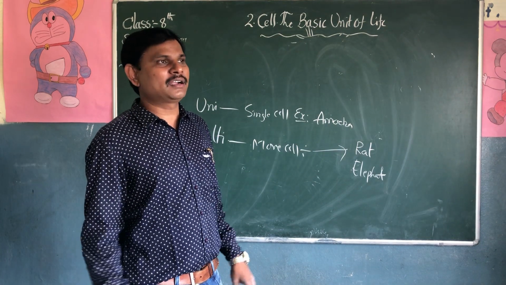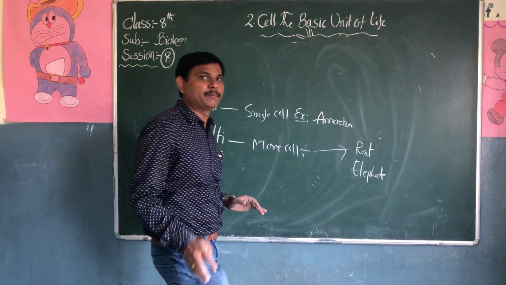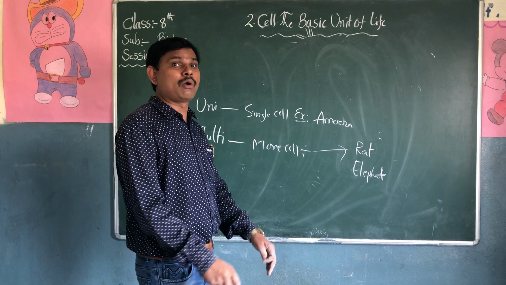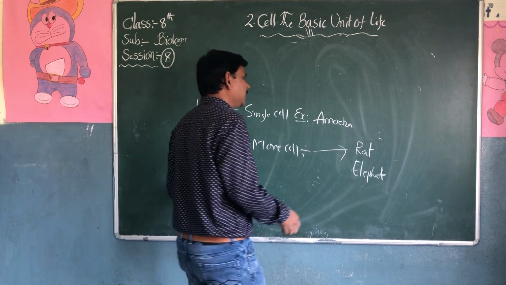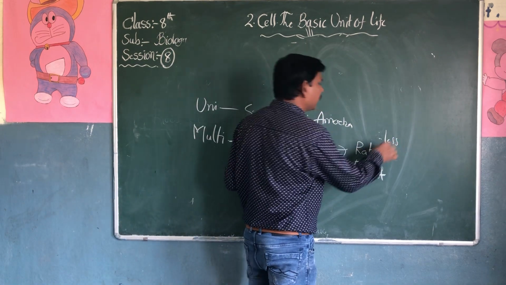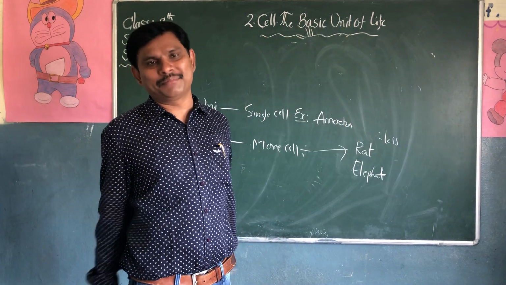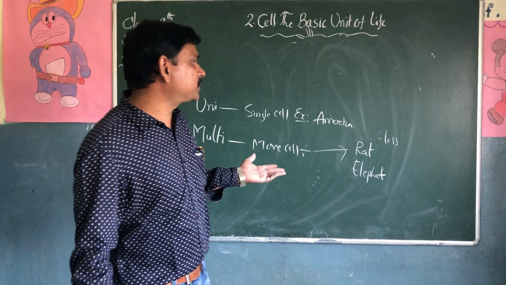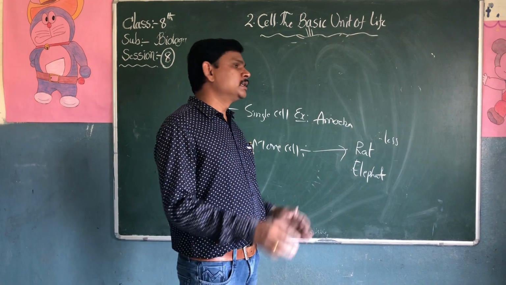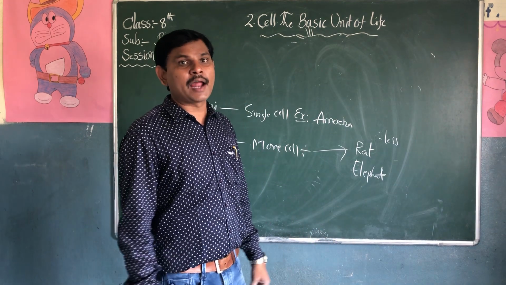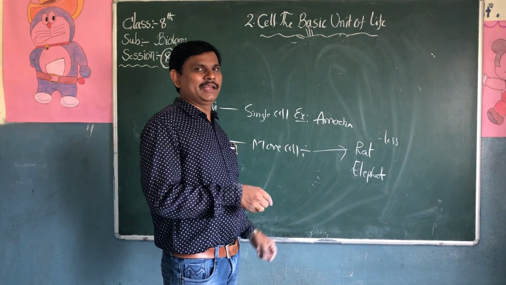But that is not the correct answer. The cells in the rat and the elephant are the same. The difference is in number: the rat has fewer cells, while the elephant has trillions of cells arranged in sequence.